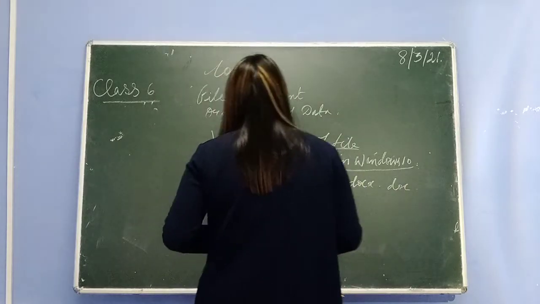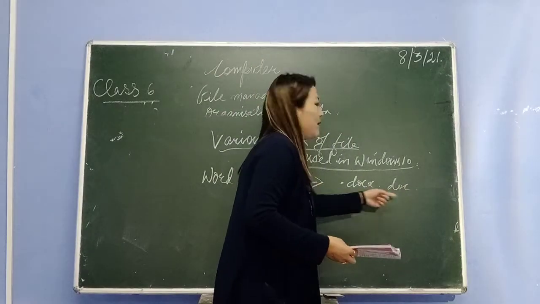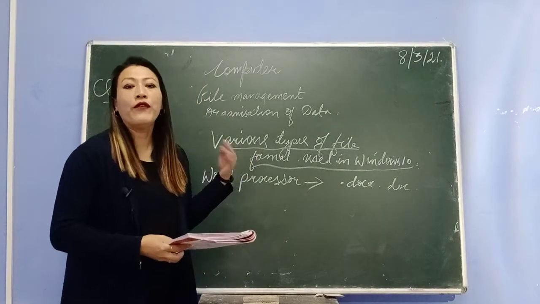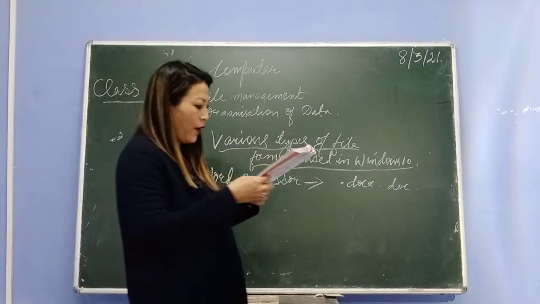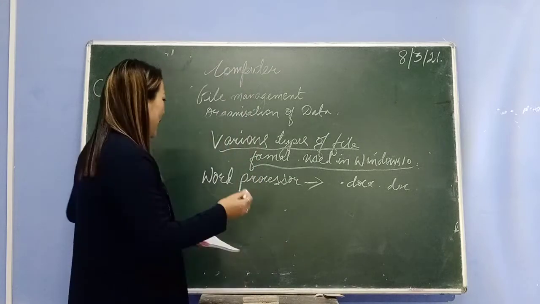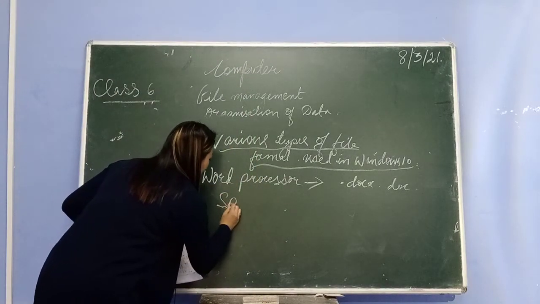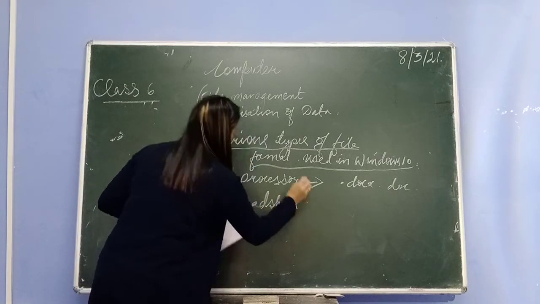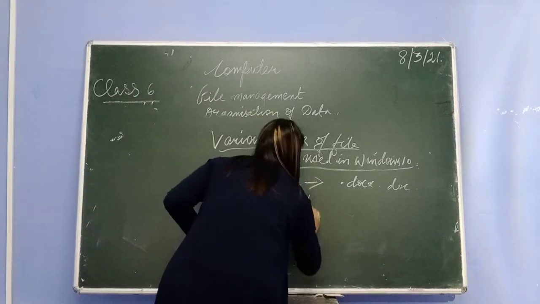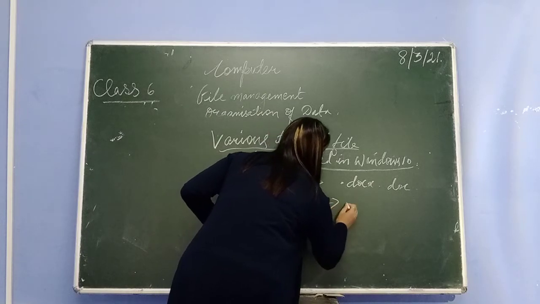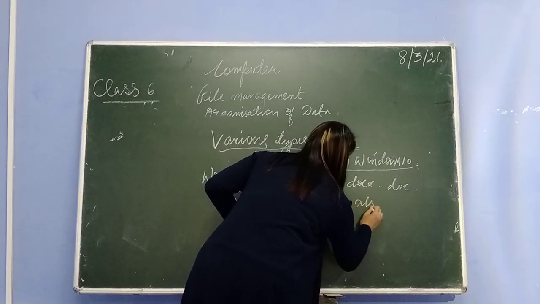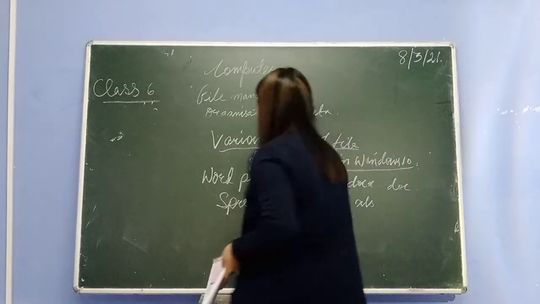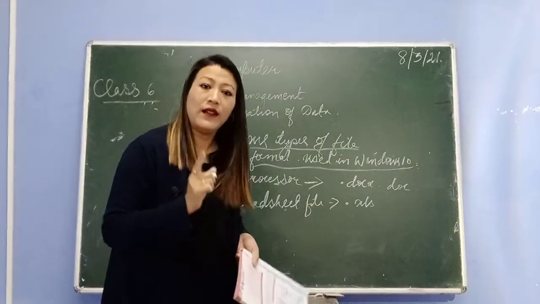So this is the file format for your word processor file. Now if you have created a file in a spreadsheet, that is an Excel file, then your file will be saved as .xls.